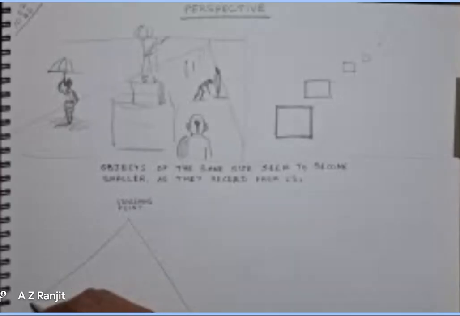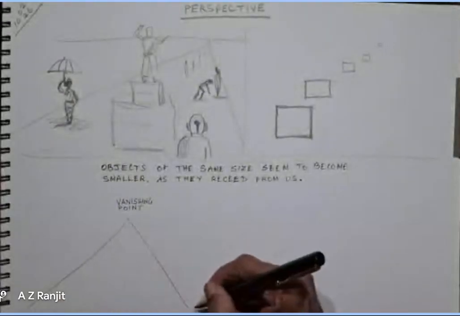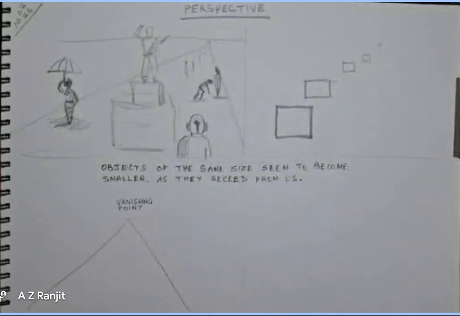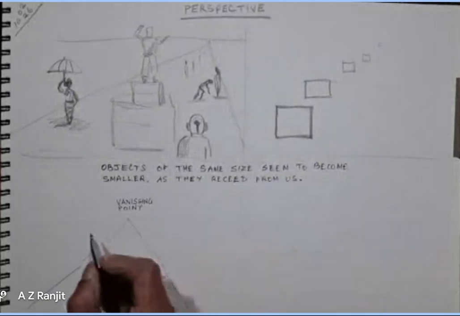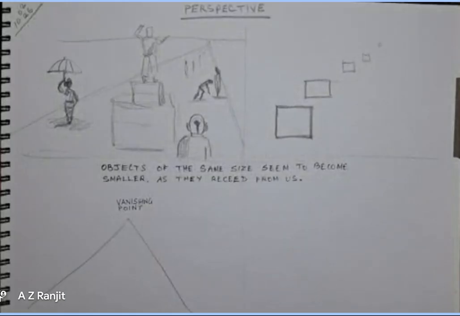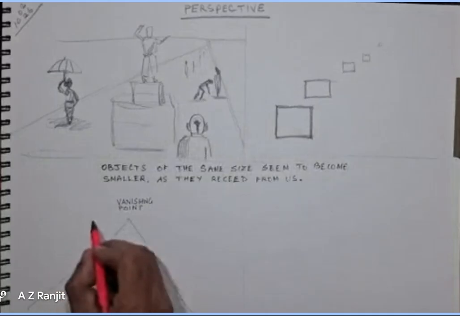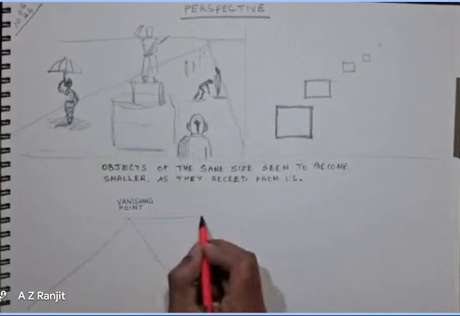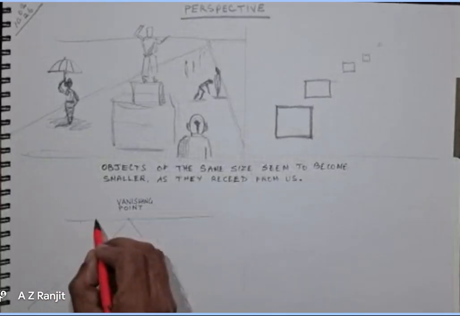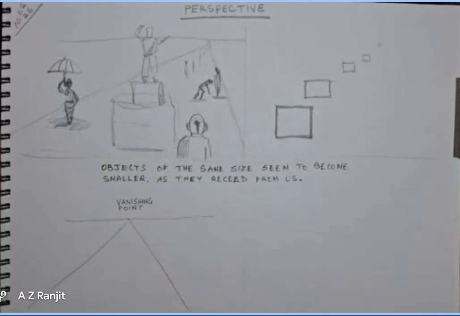Okay, so this road goes and disappears, vanishes. That will usually be on the horizon, where the sky and earth seem to meet.